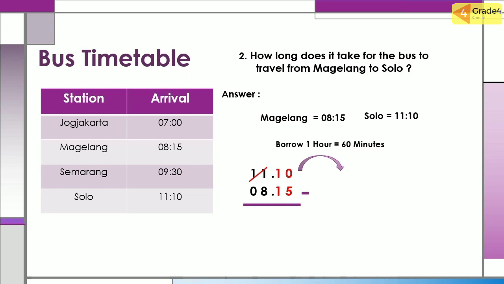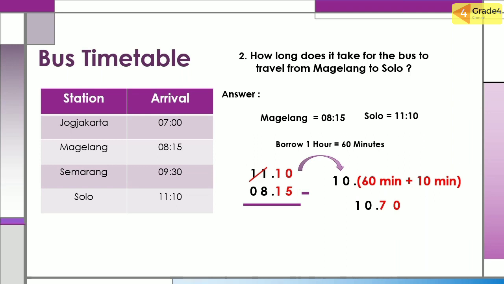So we borrow 1 from 11, and then the 11 becomes 10, and we add 60 minutes plus 10 minutes from here. And then we can calculate the minutes. So it became 10.70 minutes. And we continue our calculation.